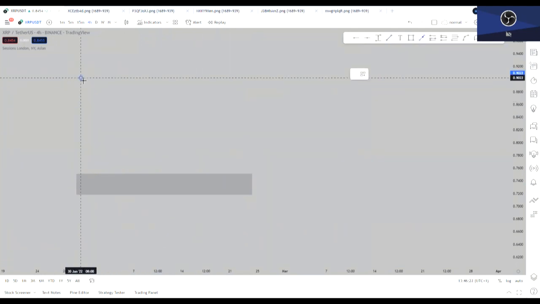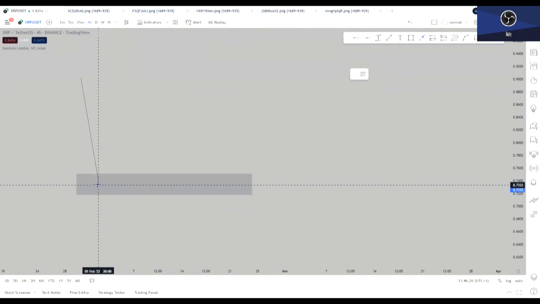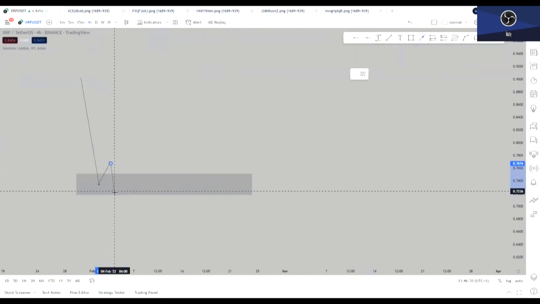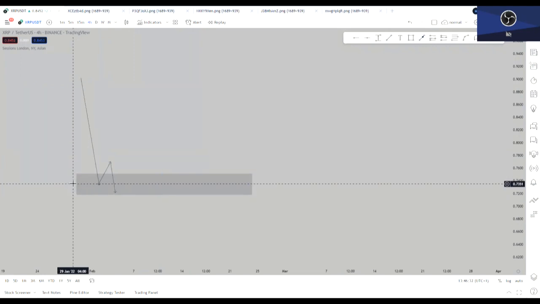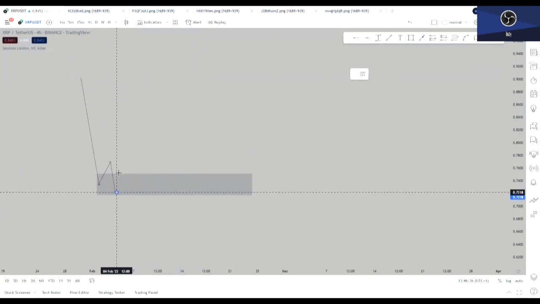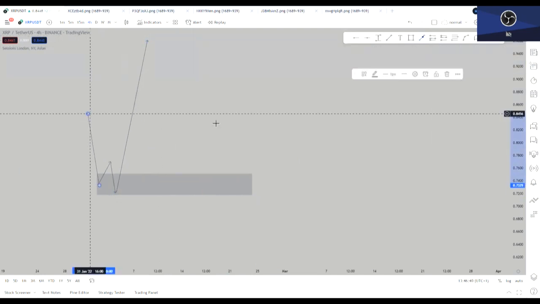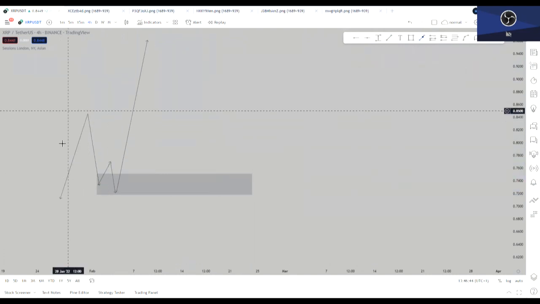So if you see price coming from a level and breaking a previous high, in this case this high right here, then we would validate our demand zone.